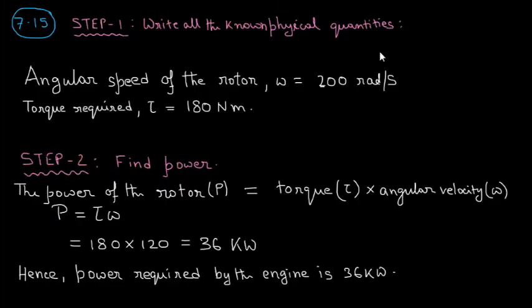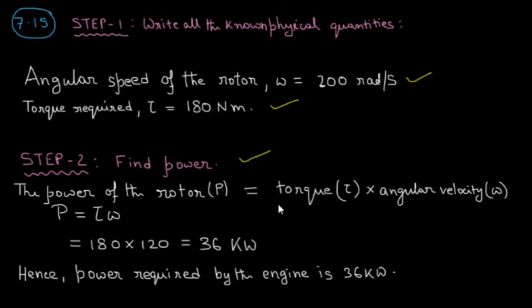Step 1, we'll write the known physical quantities. Angular speed of rotor omega is equal to 200 radian per second. Torque tau is equal to 180 Newton meter. Step 2, find the power.